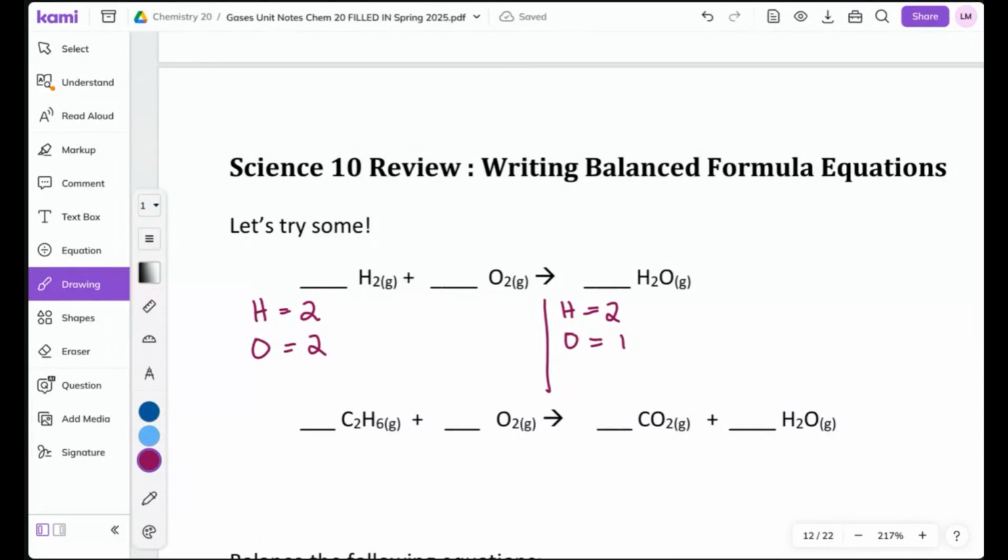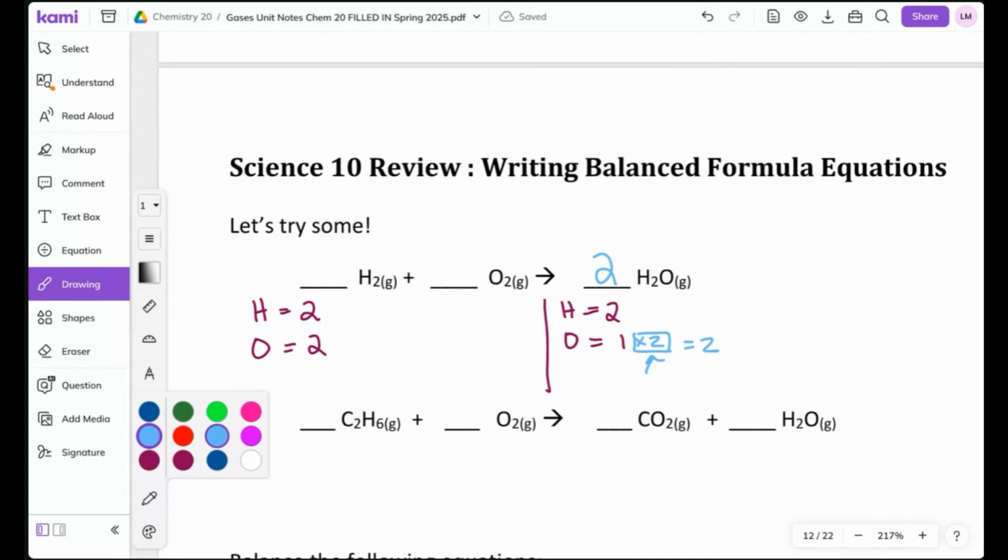So what I'm going to do is I'm going to say to myself, okay, 1 times what is equal to 2? Well, obviously 1 multiplied by 2 is going to be equal to 2. So I'm going to take this number that I multiplied oxygen's amount by, and I'm going to put it in front of where oxygen is on the product side of the reaction.